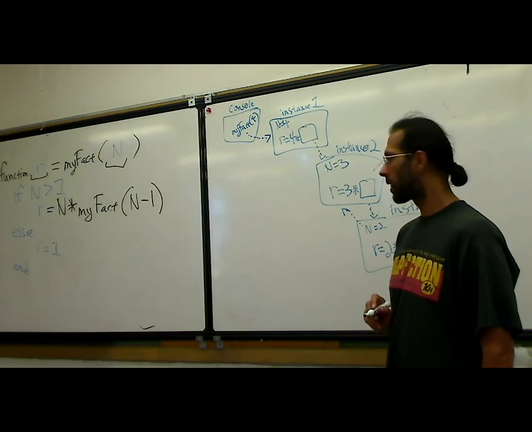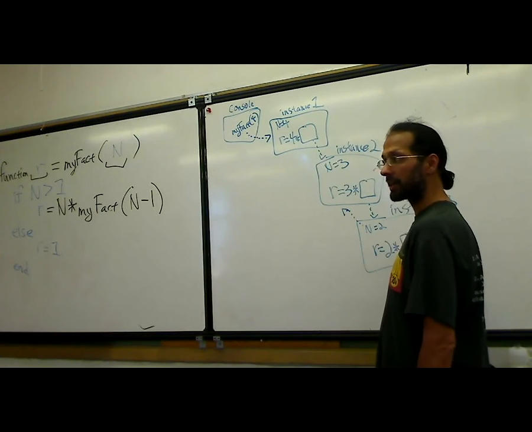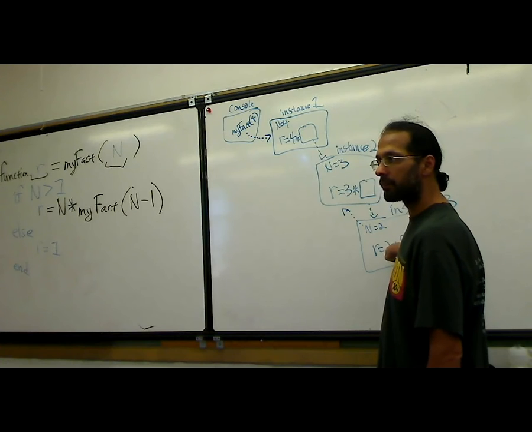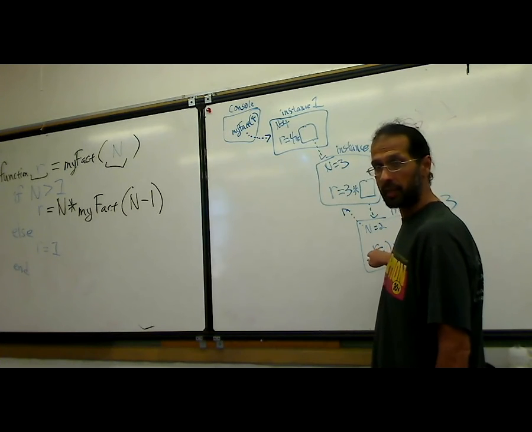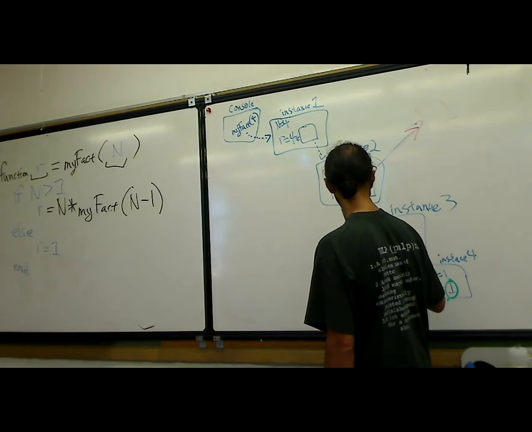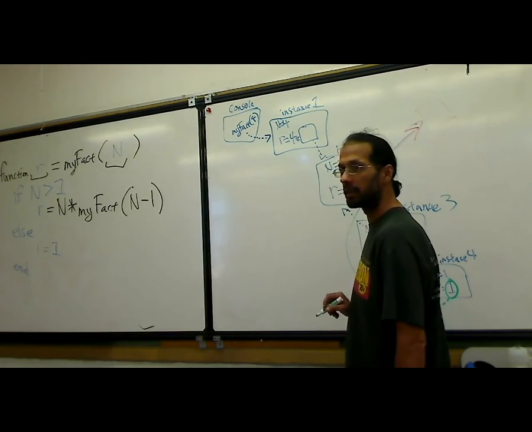Then what happens? I can do this math now, right? Because this call is done, comes back. R equals 2 times 1, which returns to instance 2. So I'm just going to say this goes up there.